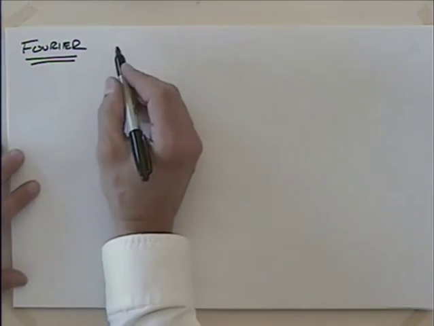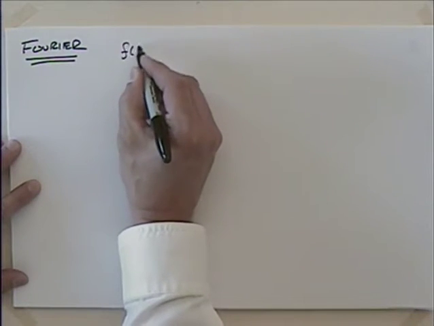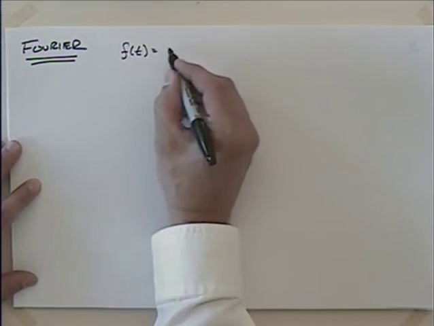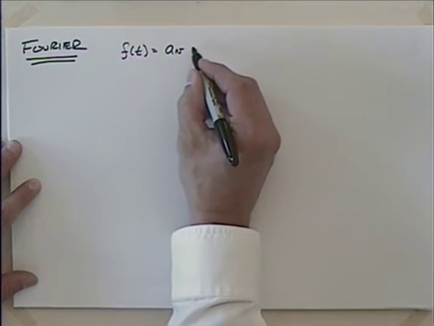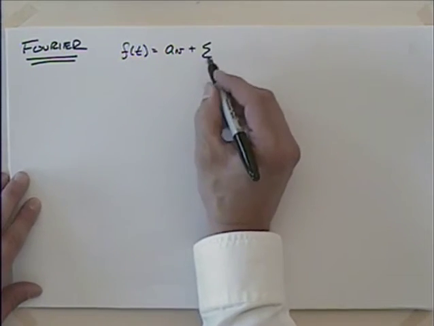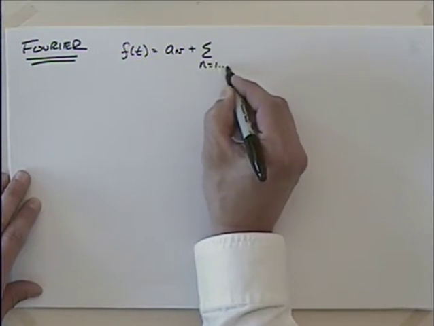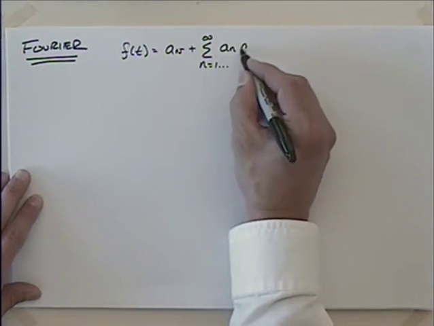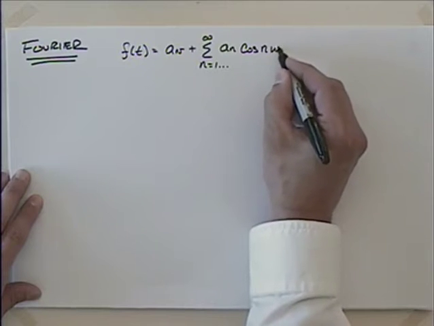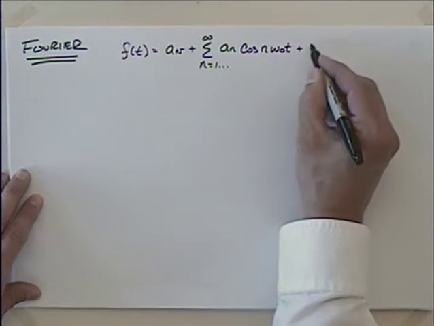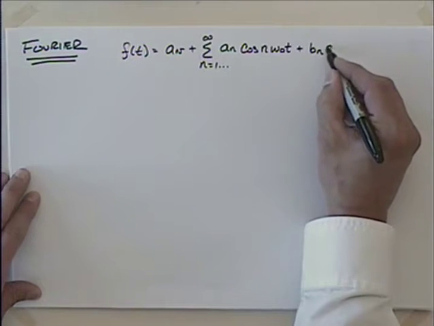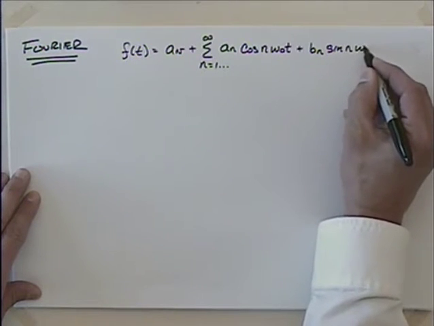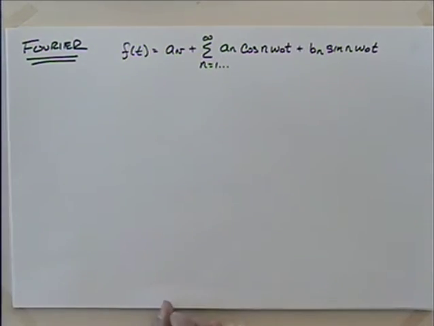We can represent any periodic function with this expression: f of t is equal to some average value plus the sum from n equals 1 to infinity of a sub n times the cosine of n omega naught t plus b sub n times the sine of n omega naught t. Okay?